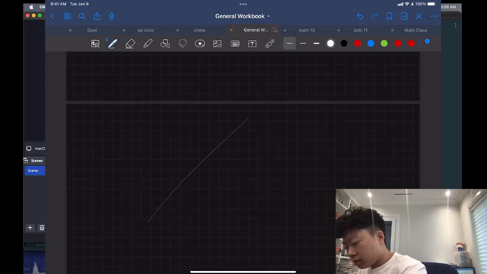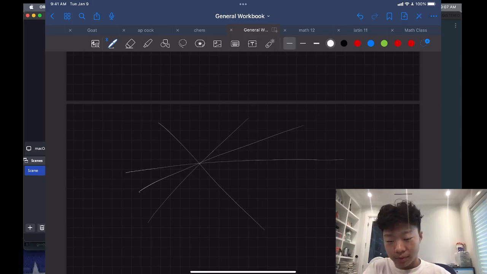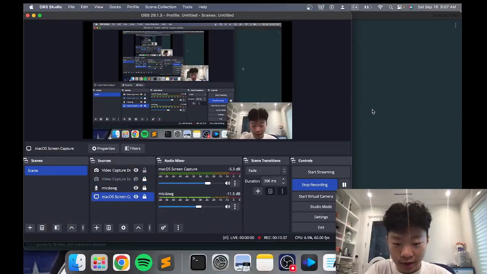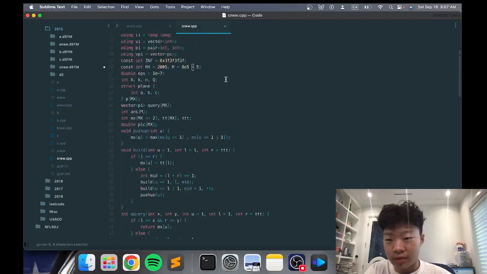So if the points are all like this, then you have to consider that the same point, since otherwise it might mess up with off-by-1 rounding or something. I don't really know, but you have to consider that. And then build the segment tree.